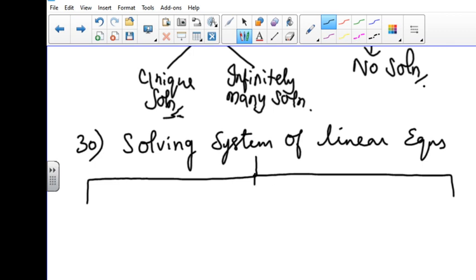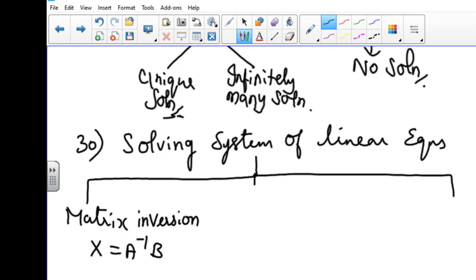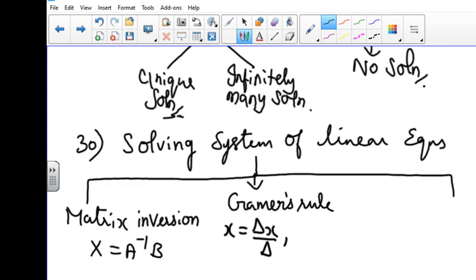One is the matrix inversion method: X is equal to A inverse B. Second one is Cramer's rule, by taking x is equal to delta x by delta, y is equal to delta y by delta. If you are having z, you can go with one more: z is equal to delta z by delta. Last one is Gaussian elimination method.